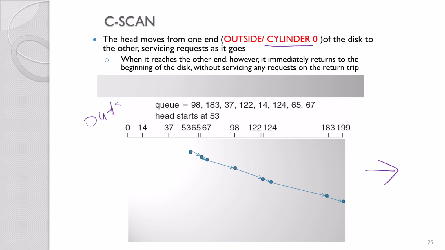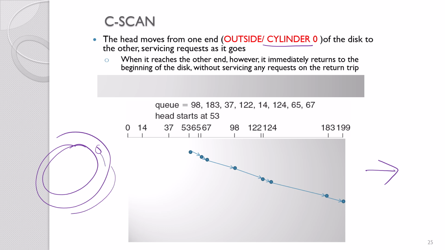If you remember the disk, the outside is 0. So this would be track 0, and if you have the platters all together, that would be cylinder 0. In this case, if we have 200, that's 0, and then 199 is in the middle. C-scan services requests in this direction, any requests along the way, then jumps back out and services more requests in that direction.